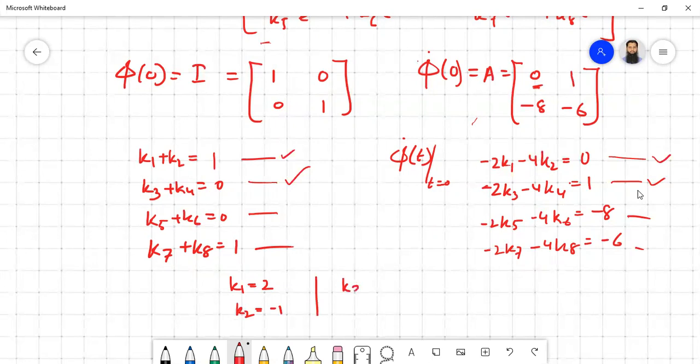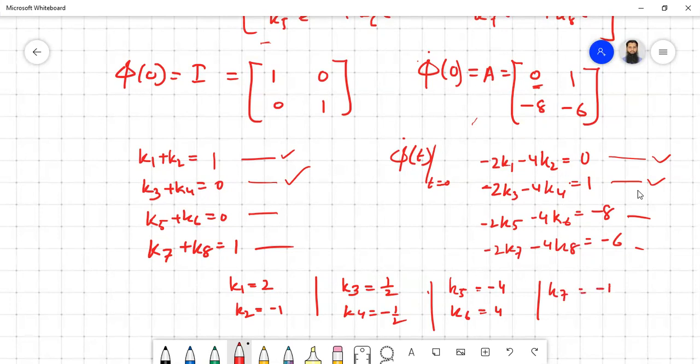Then k3 is half, and k4 equal to minus half. Then you have k5 equal to minus 4, k6 equal to 4, k7 equal to minus 1, and k8 equal to minus 2.